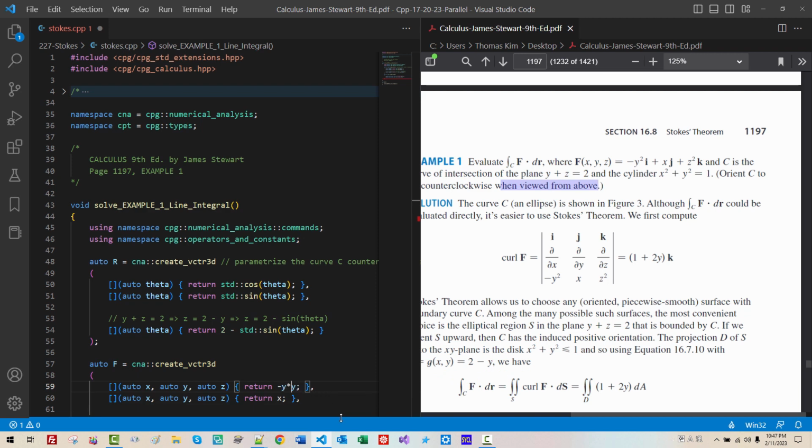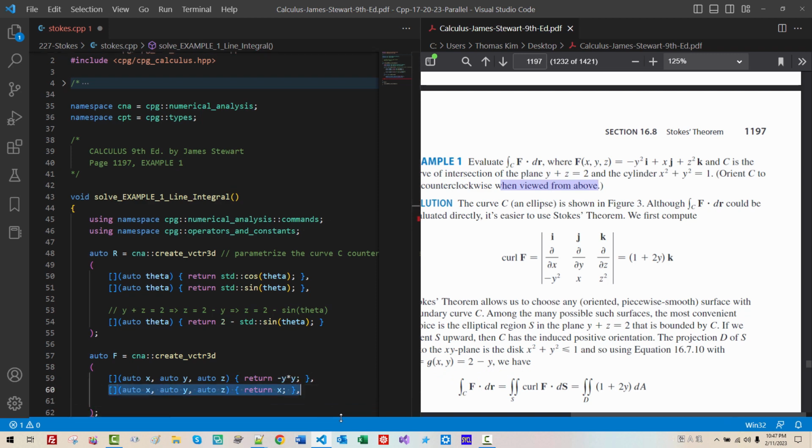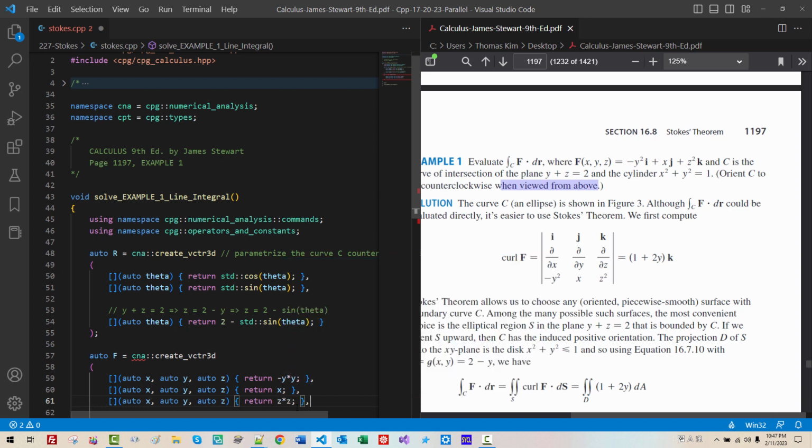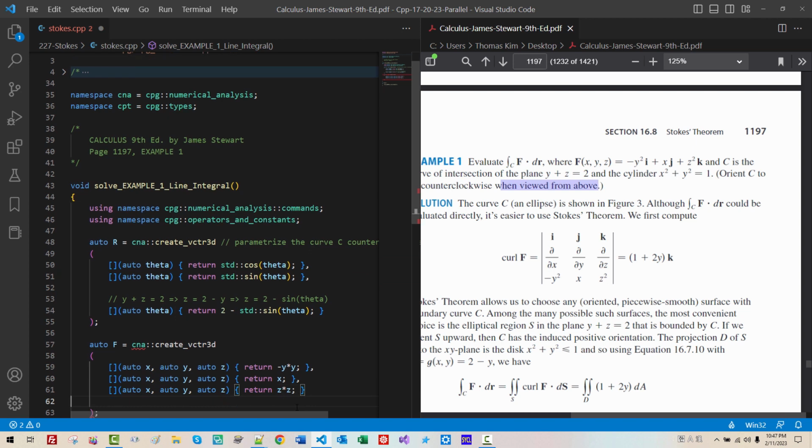I will arrange like this. Copy, paste. Now the k term is z squared, so z times z. Remove the trailing comma.